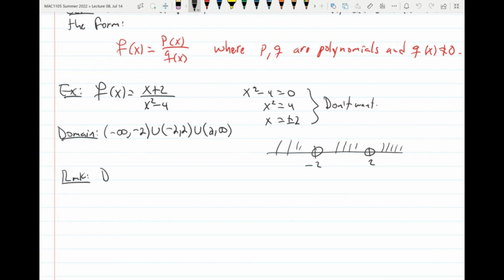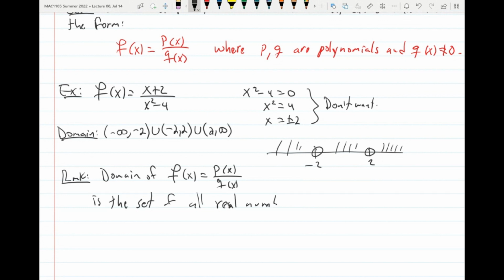So the domain of a rational function P over Q is the set of all real numbers except those for which Q of x equals 0. So to find the domain of a rational function, just solve whatever makes the bottom equal to 0 and remove that from the real numbers, and then that's your domain.